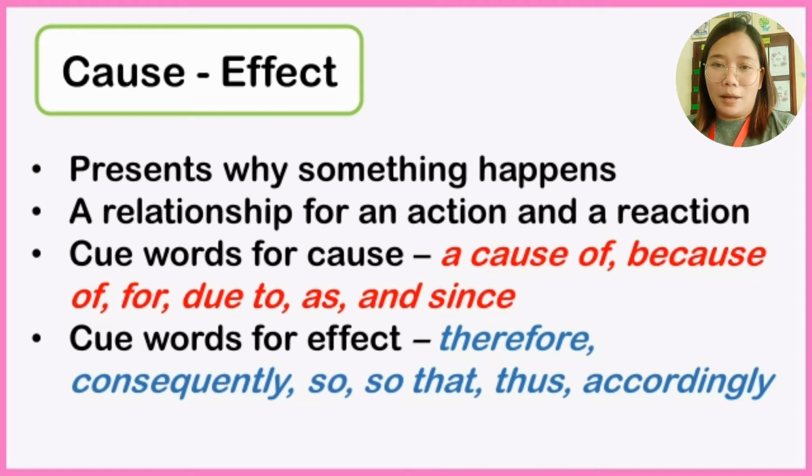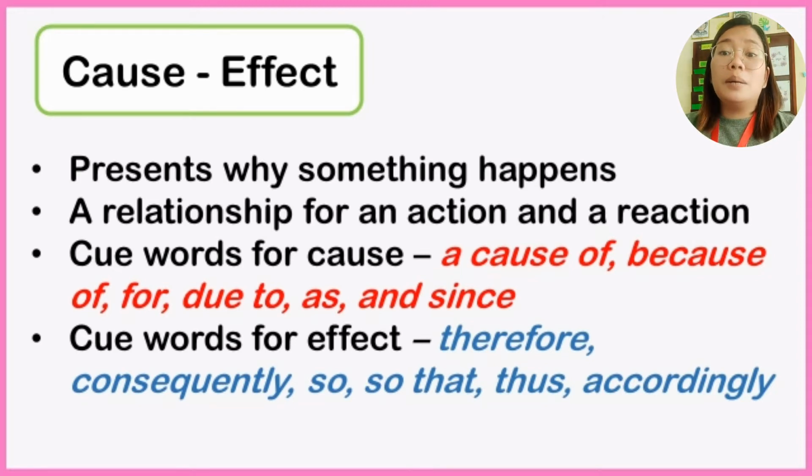So, cause and effect. Now, we have here the keywords or signal words. Ito yung mas lalong nakakatulong para ma-identify natin na yung ginagamit ng author is cause and effect, or gusto mong mas emphasize na yung pattern of development na ginagamit mo is cause and effect. For the cause, here are the signal words.